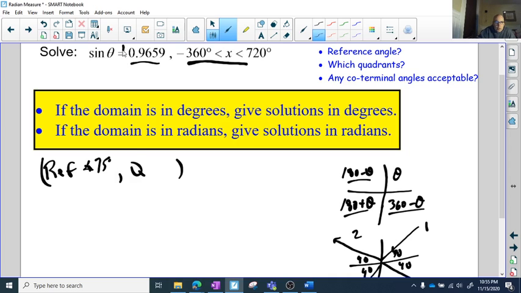The sine ratio, as we can tell here, is positive. Well, the sine ratio, you recall we've talked about, is the y value over the r value. The y value must be positive, and the y value is only positive in your top 2 quadrants. So you know that this angle could possibly be in quadrant 1 or 2.